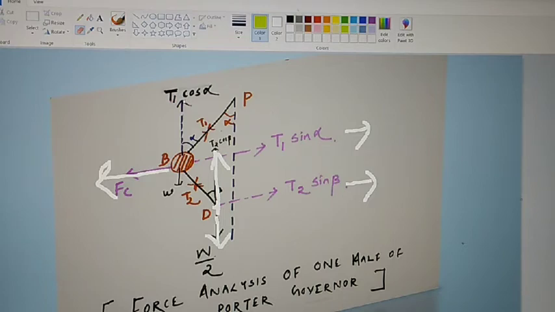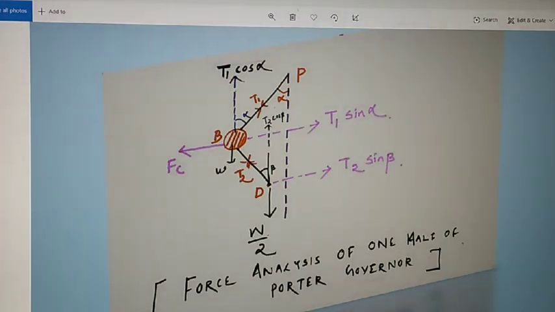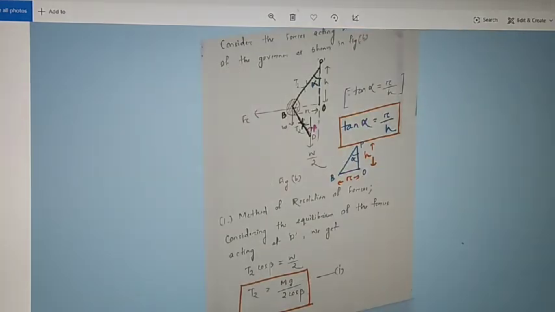In the third equation, the vertical component T1 cos alpha will balance the weight w and capital W by 2, that is the central load weight. So these three are the main and important equations. If we solve these three equations, then the question will be solved and we will find the expression for the height of the governor or speed of revolution. So this is the part.